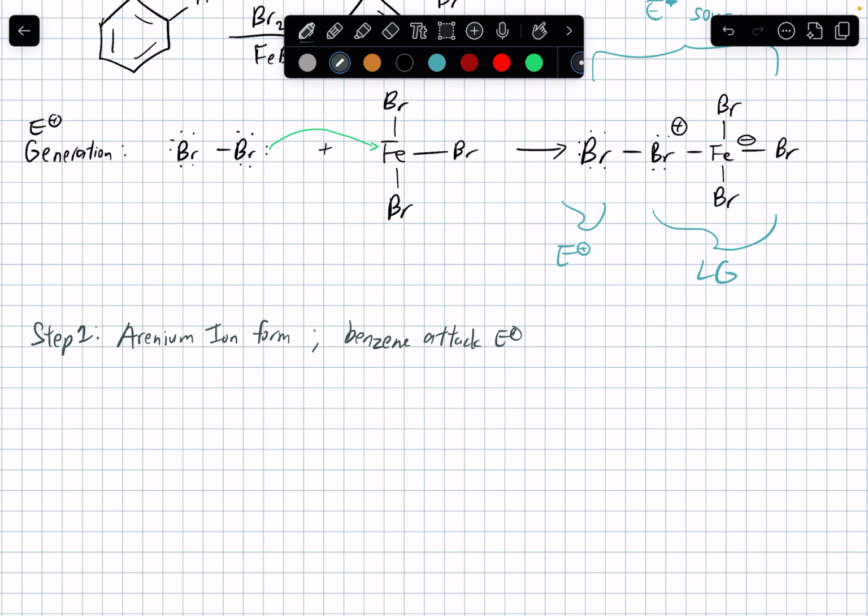Okay, let's rewrite Br FeBr3. Sorry. Negative, positive. Don't forget the benzene. Show the hydrogen, and then the plus sign.